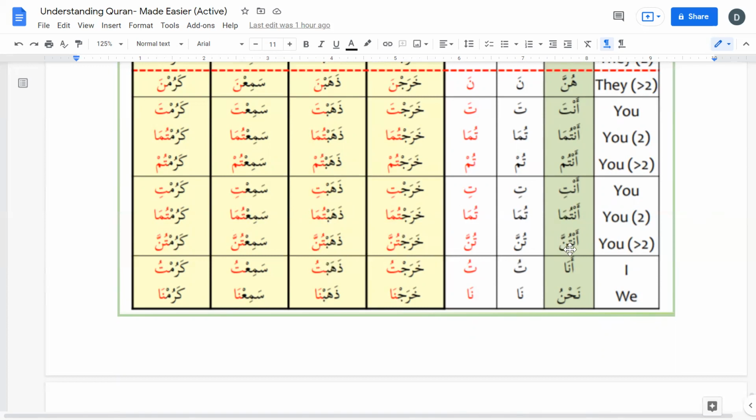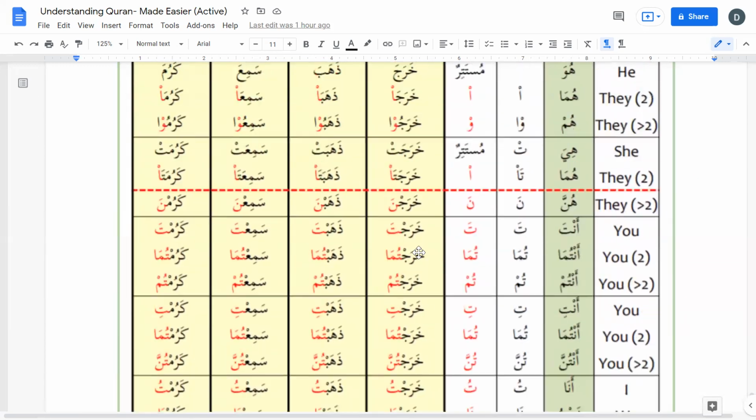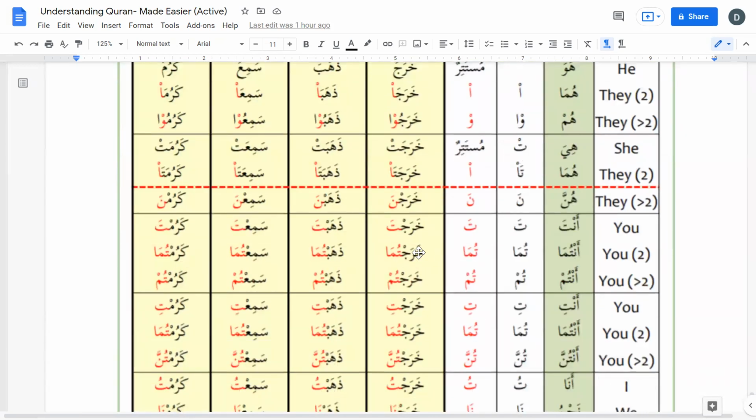Then antunna: now we are going to add tunna after sukun on the lam kalma. So kharajtunna, zahabtunna, sami'tunna, karumtunna, right? That's how we do the conjugation of all verbs.